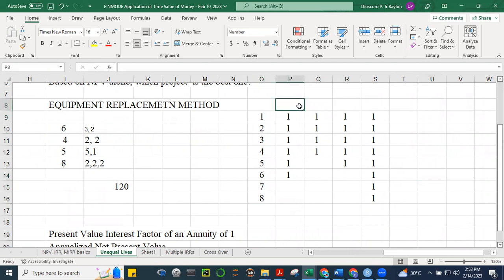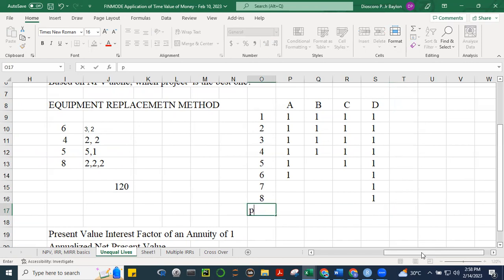Si project A, B, A, B, C, D. Okay? So, I created an annuity of 1. Si A for 6 years, si B for 4 years, si C for 5 years, and si D for 8 years. Okay? So, let's compute for the present value. We call it present value.